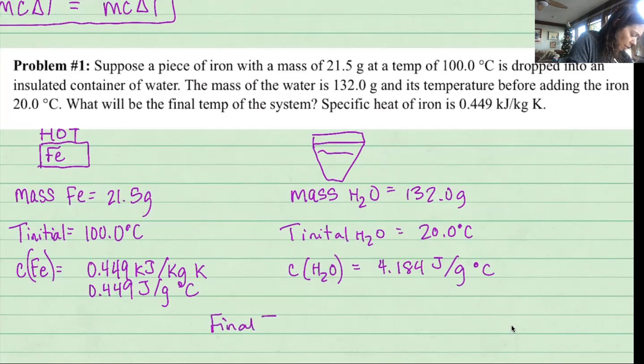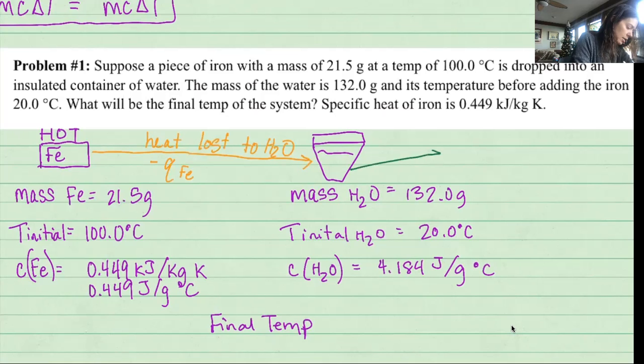And we know that they will both come to thermal equilibrium. Picture this, the hot iron goes into the water and heat will be lost to water. So Q for Fe will be negative. The water is gaining the heat.